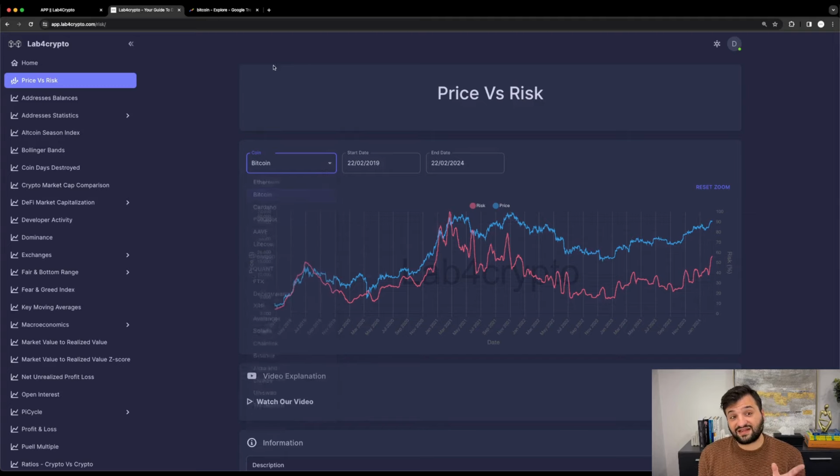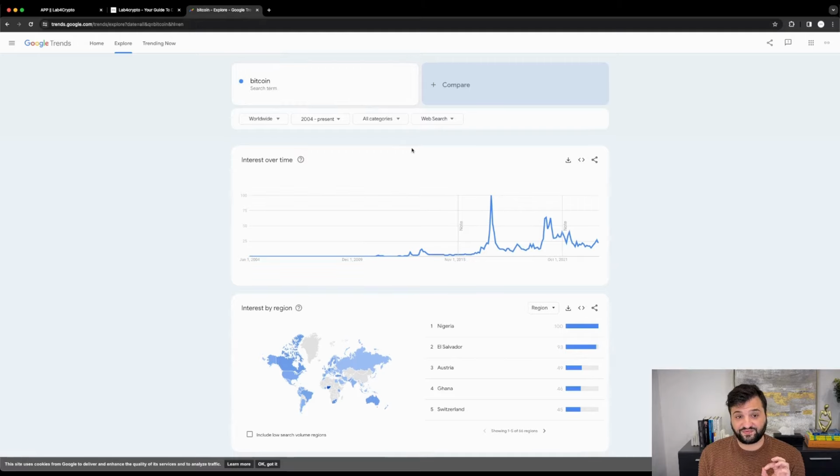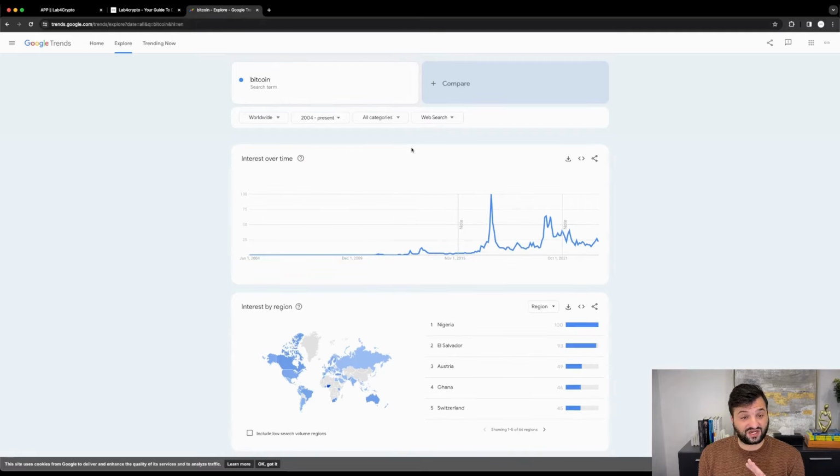We are at those levels where the retail investor has not joined the party yet. We will see that we are at 22 out of 100 of the interest over time. So the people that Google Bitcoin are actually in the levels of a bear market.